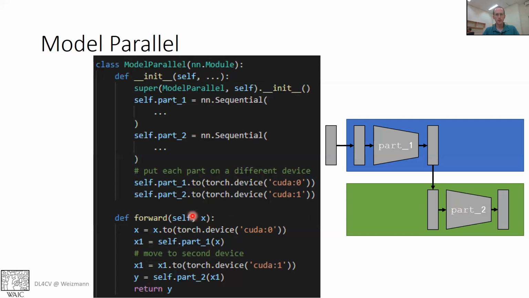In the forward pass, we take the data from the CPU to the first GPU, and then we process the first part on the first GPU. Then we need to move the data to the second GPU and process the other half. And note that the output would be on the second GPU memory. Any questions about that?